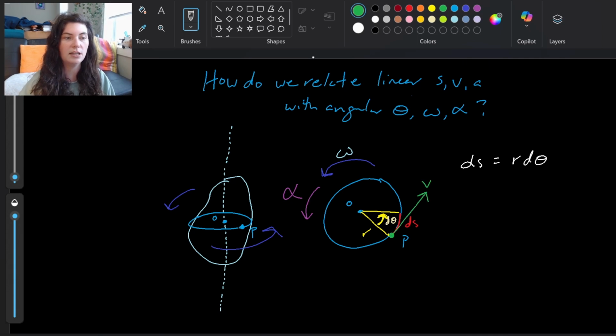That velocity is going to be perpendicular to that radius, that line O to P, for our velocity. And the way that we can relate our linear velocity, that tangential velocity v, with our angular velocity is that our velocity v is going to be omega, the angular velocity, times r.